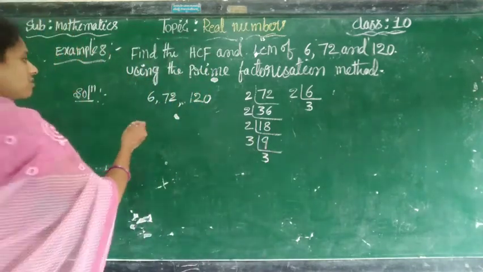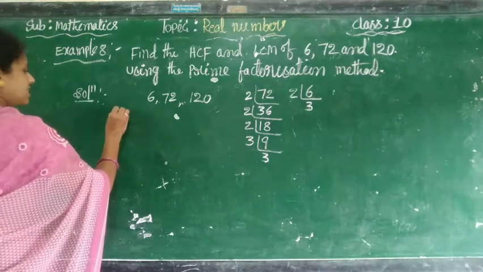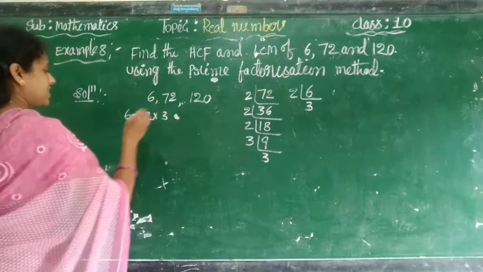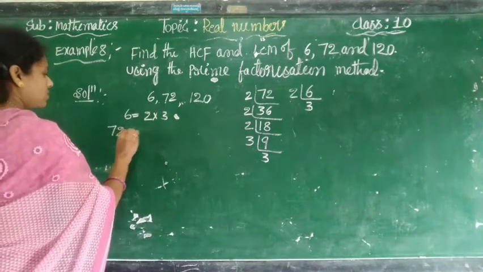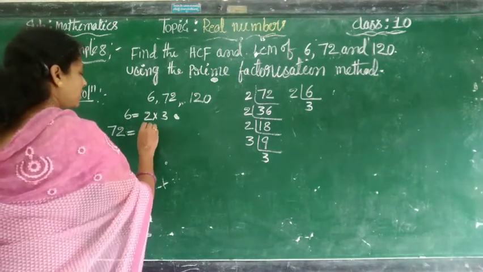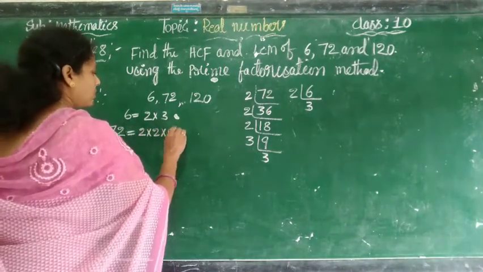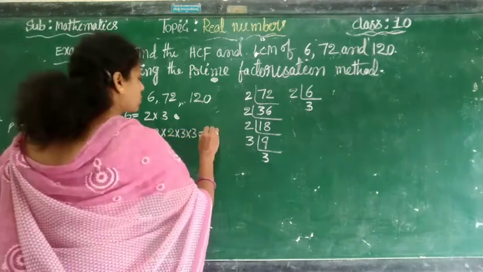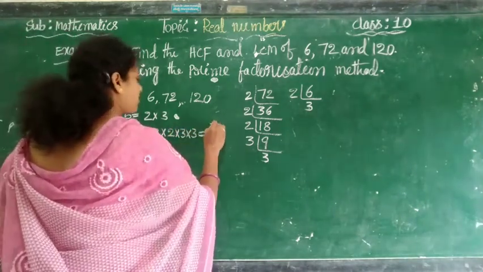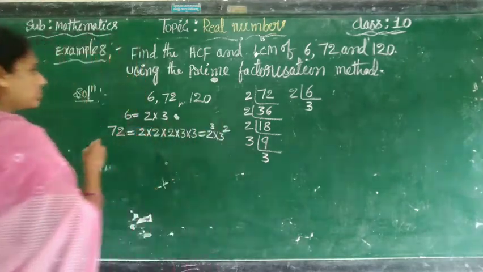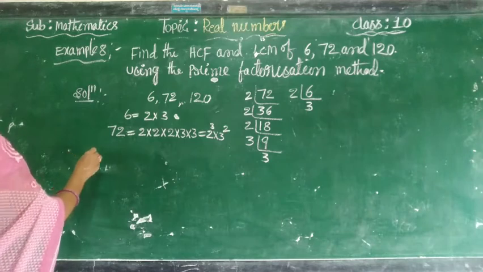So 72 is 2 into 2 into 2 into 3 into 3, which is 2 to the power of 3 and 3 to the power of 2.